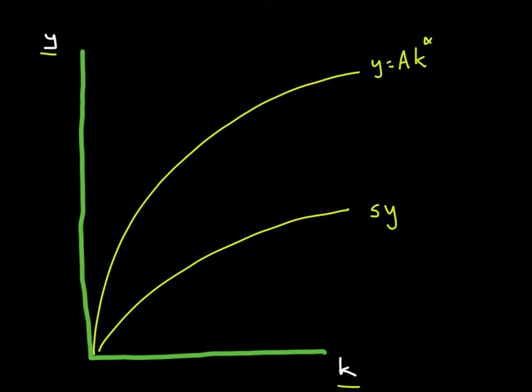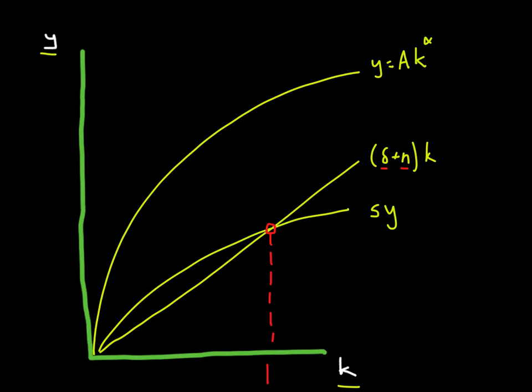But now every year some capital is depreciated, and we're getting some new workers. And our steady state is therefore defined when we are saving just enough to replace the depreciated capital and giving all the new workers the same amount of capital. And this intersection here gives us our steady state capital labor ratio.